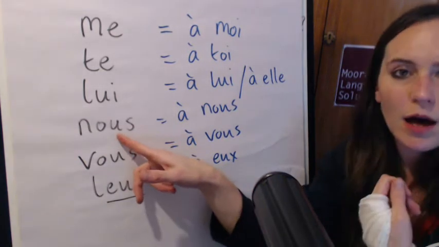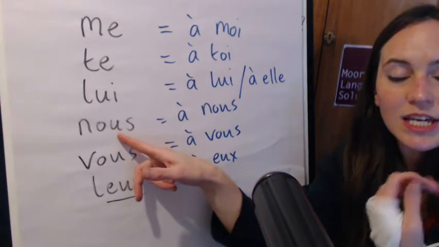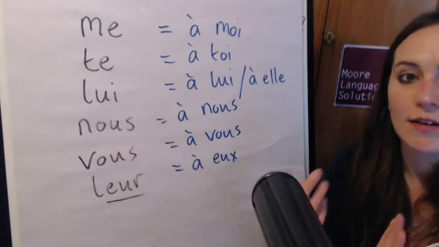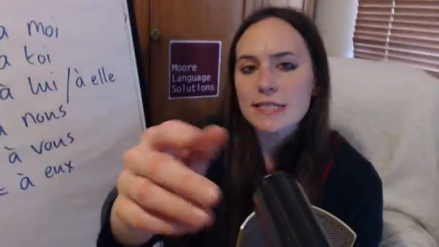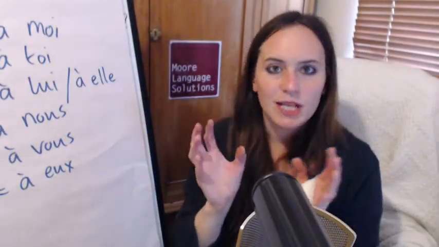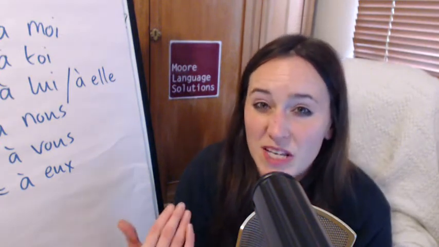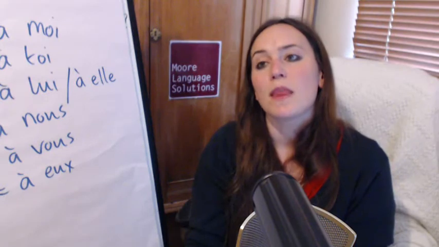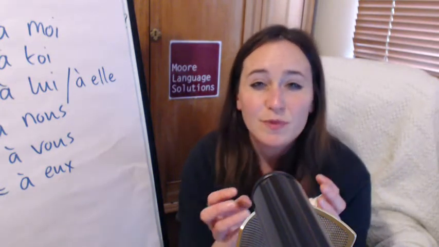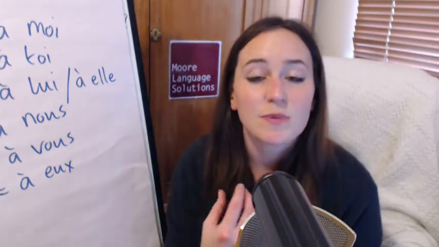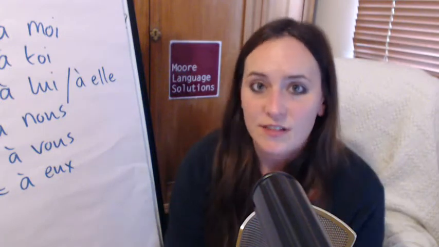Il nous parle lentement. He to us speaks slowly. Okay? You might see it or you might hear it placed in a different part of the sentence. If it's after a verb, then it's probably an imperative. If it's between two verbs, it maybe is being used between a modal verb and an infinitive.